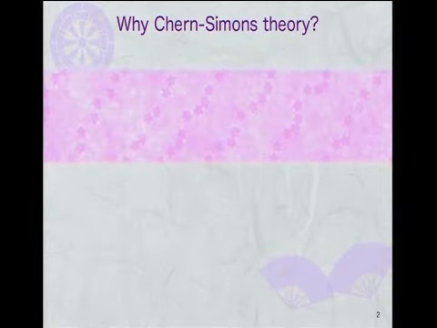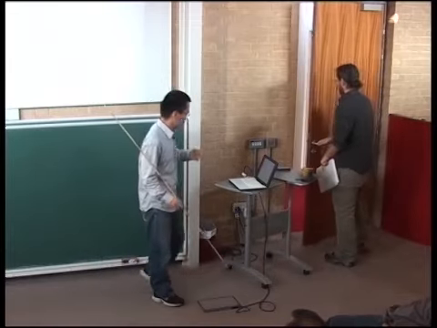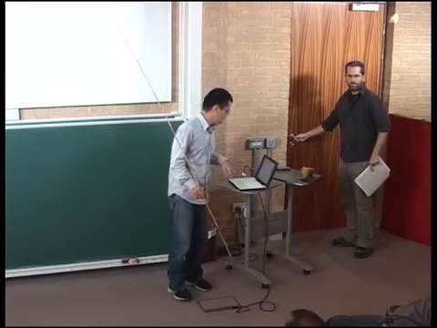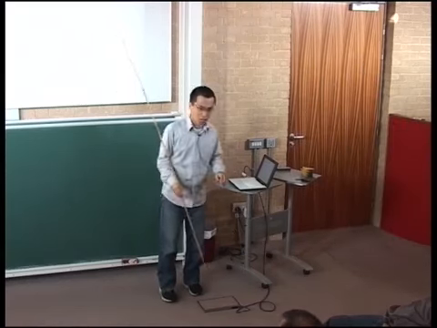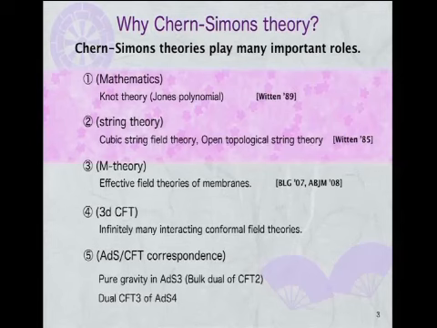Okay, so let me begin the discussion with the following question: why are you studying Chern-Simons? Well, Chern-Simons theories appear in various stages of theoretical physics and play many important roles in mathematical physics.